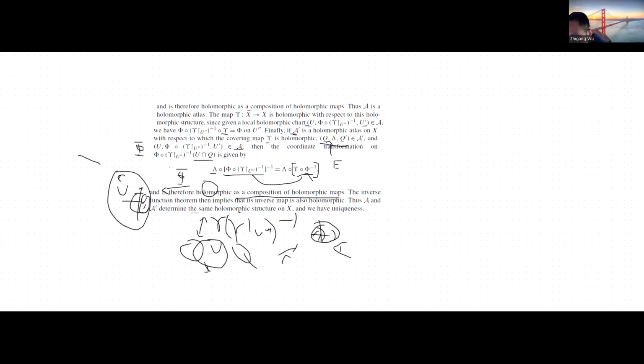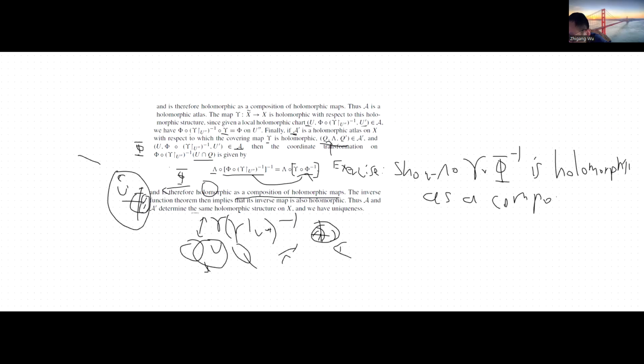The exercise is to show why this map, wedge composed with gamma composed with this phi inverse, is holomorphic, as a composition of holomorphic maps. Yeah, I'll leave it as an exercise.